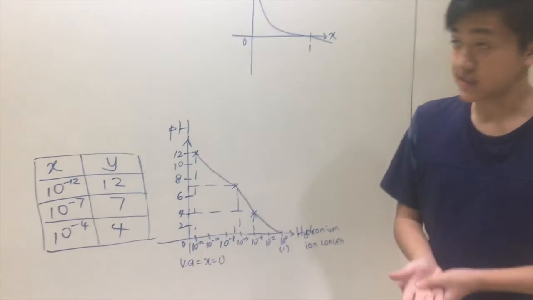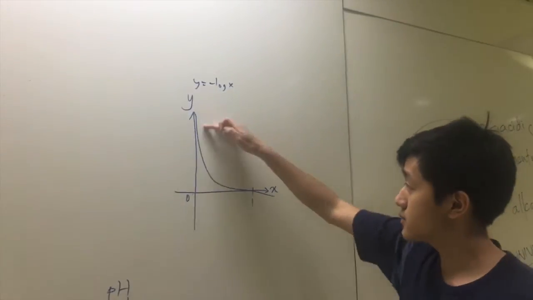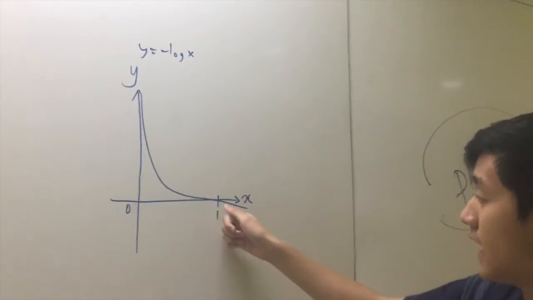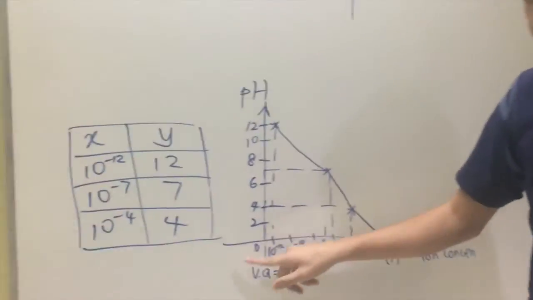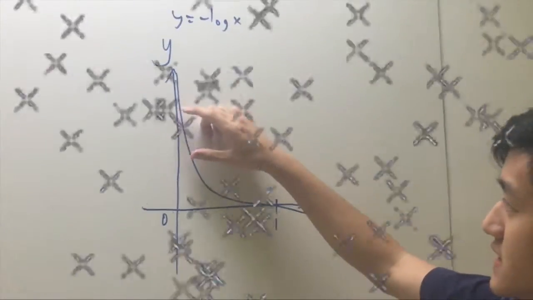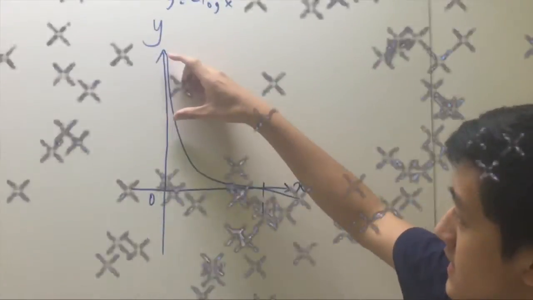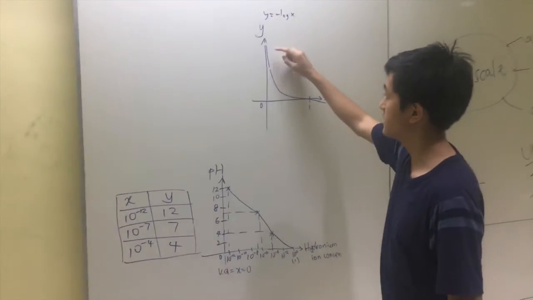Okay, now, as you can see, we use the same equation we used before, and this is what it looks like right now. See, after 1, it won't make sense because you're going negative, and pH doesn't have a negative. Now, if you really zoom in around this area, knowing that this is almost touching 0, but it's never 0, it would be here. Now, it looks like this, but of course it does make a straight line, so it's around here.